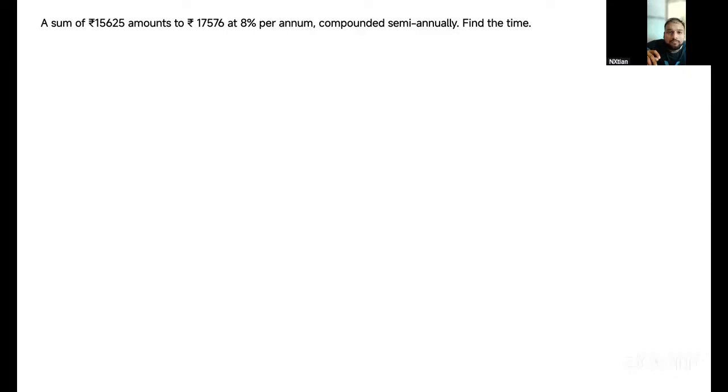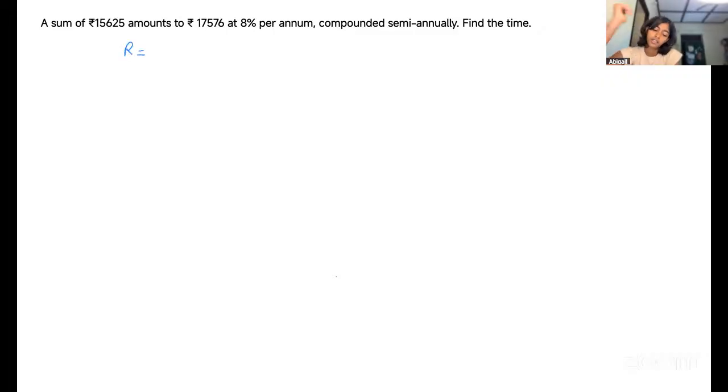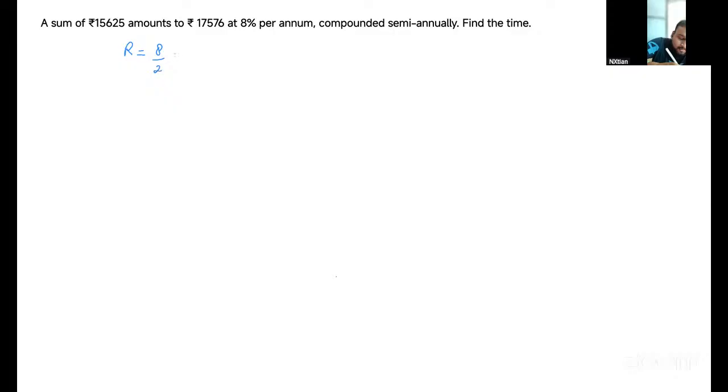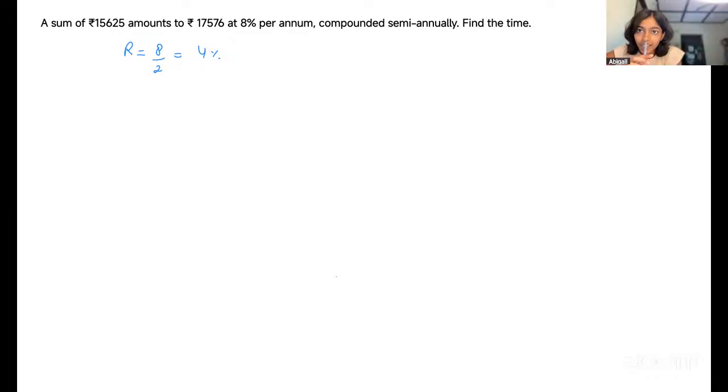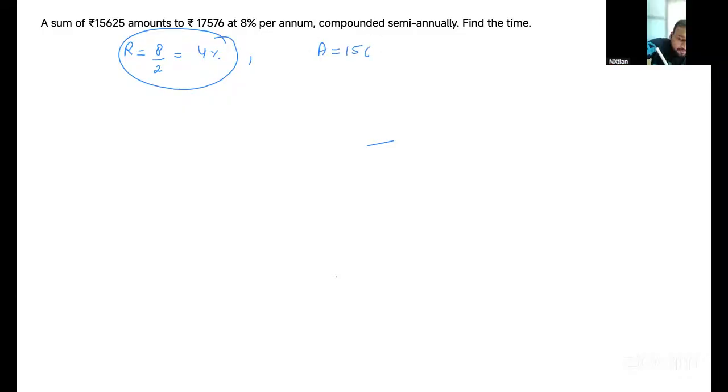Okay. So first we'll take the rate per annum is 8 divided by 2 equals 4%. Very good, Abigail. Then we know the principal is 15,625. Very good.